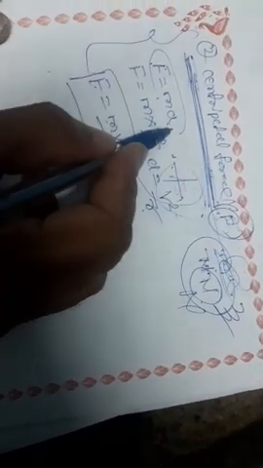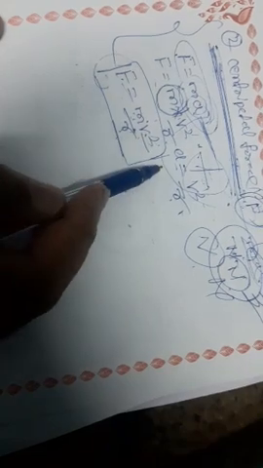The force equation according to Newton's second law is F is equal to mass into acceleration, where mass is a scalar quantity. What is acceleration? The rate of change of velocity is called acceleration. In the previous derivation, the centripetal acceleration is v square by r.